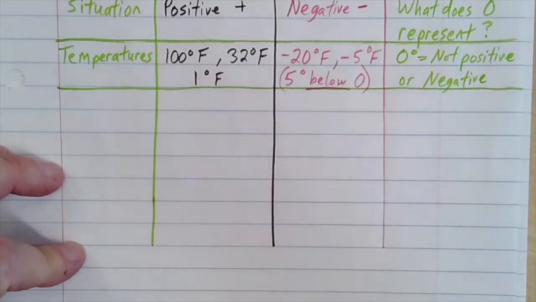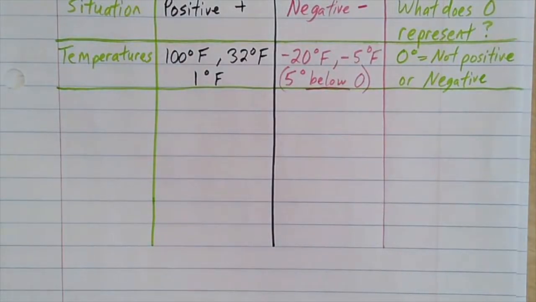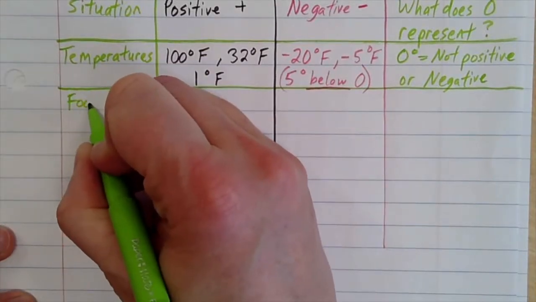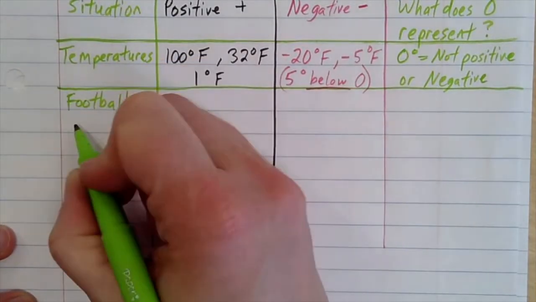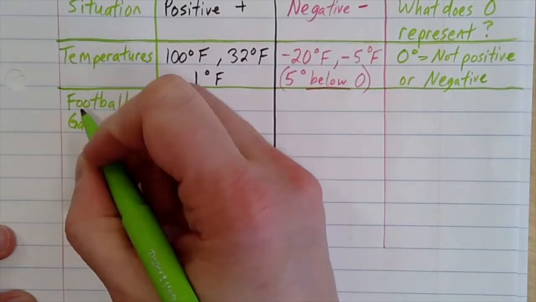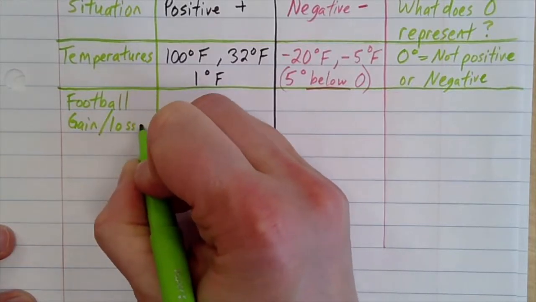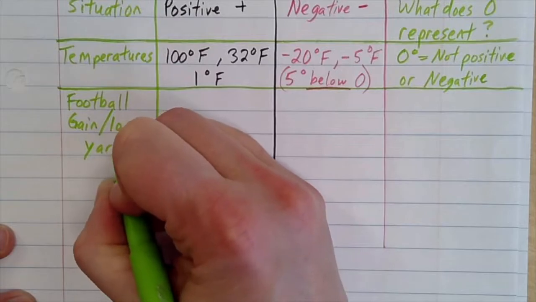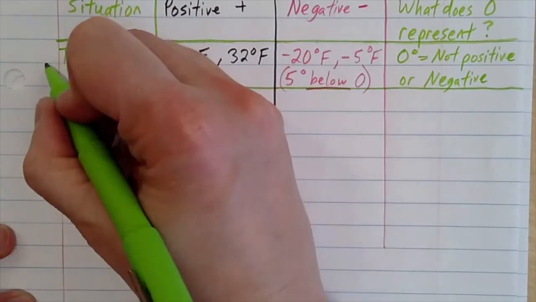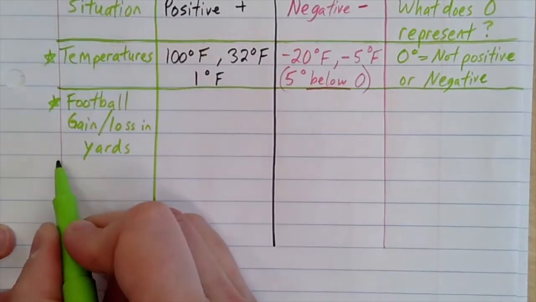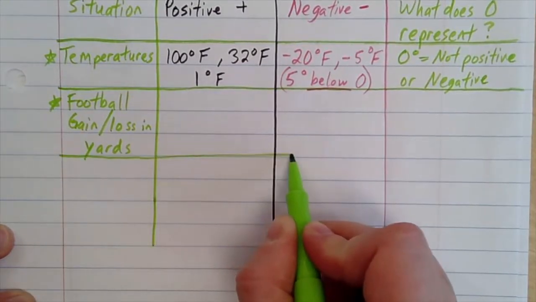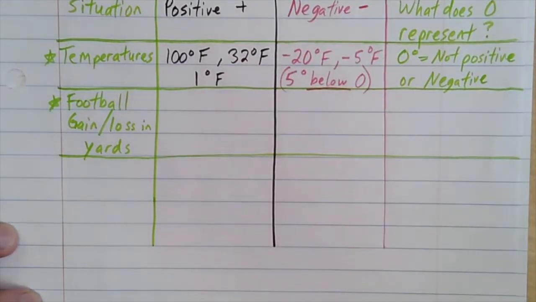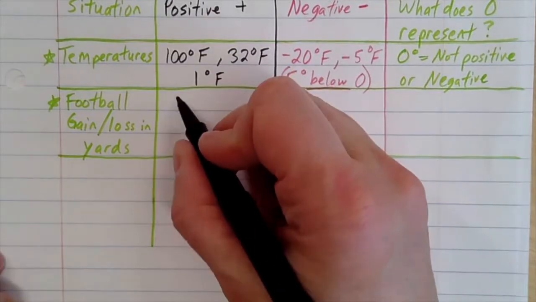The next situation where you may see positive and negative numbers, like in sports, like football. You could have a gain of yards or a loss in yards. So in football, we have temperatures, we have football, a gain and a loss of yards. So positive numbers in football would be like you gain 10 yards.